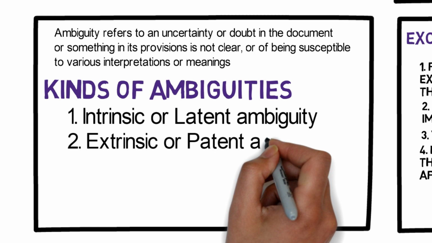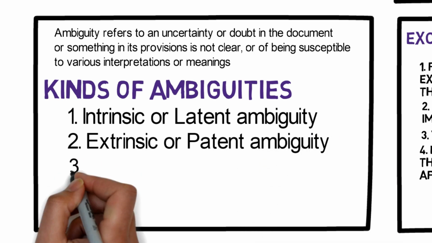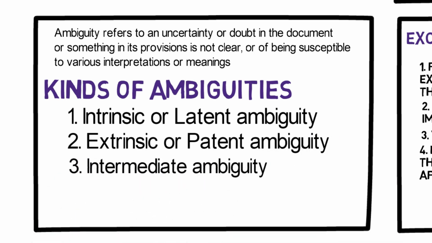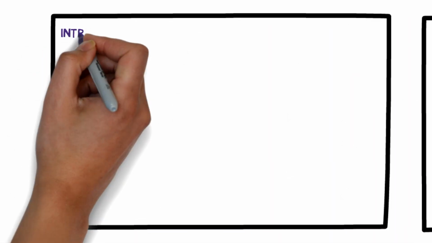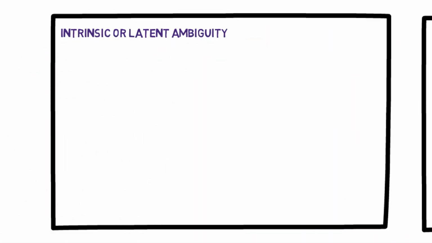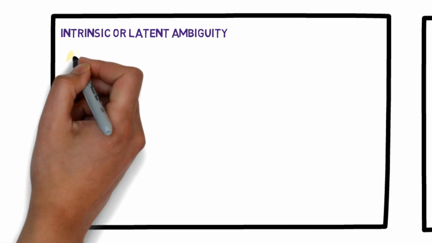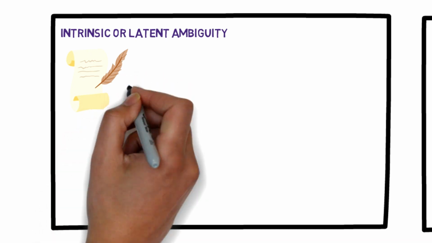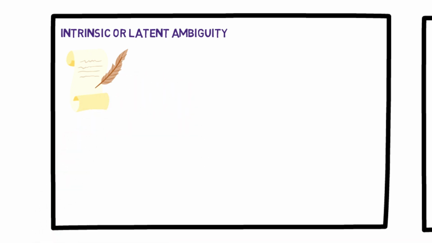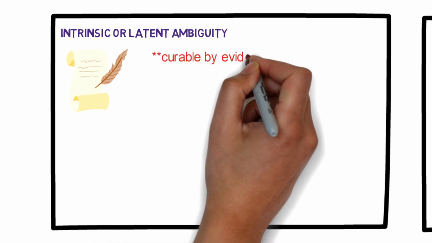Extrinsic or patent ambiguity. 3. Intermediate ambiguity. Intrinsic or latent ambiguity. On its face, the writing appears clear and unambiguous, but there are collateral matters which make the meaning uncertain. It is curable by evidence aliunde.